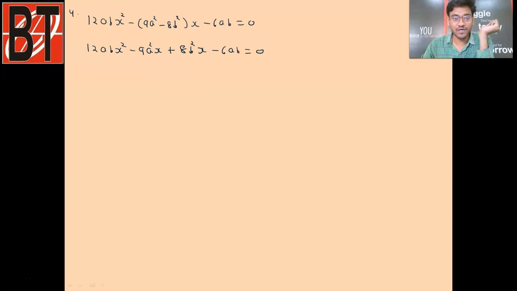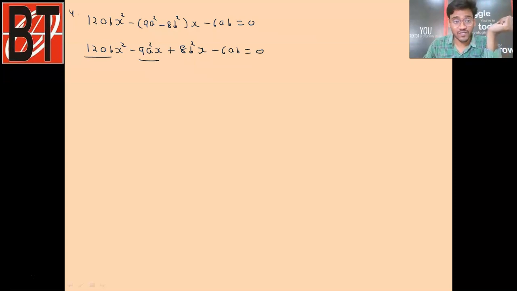Now students, you may check out of these first two terms which is common. Out of 12 and 9, 3 is common. a and a square, a is common and b is not there in the second term, and x square and x, x is common.